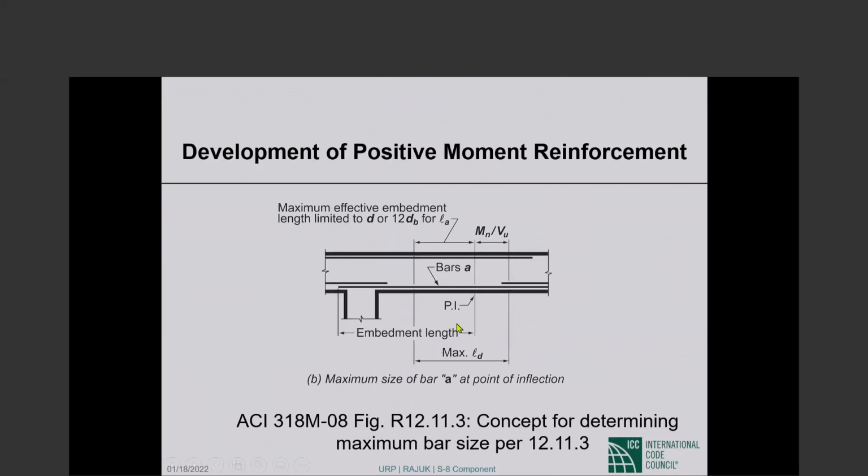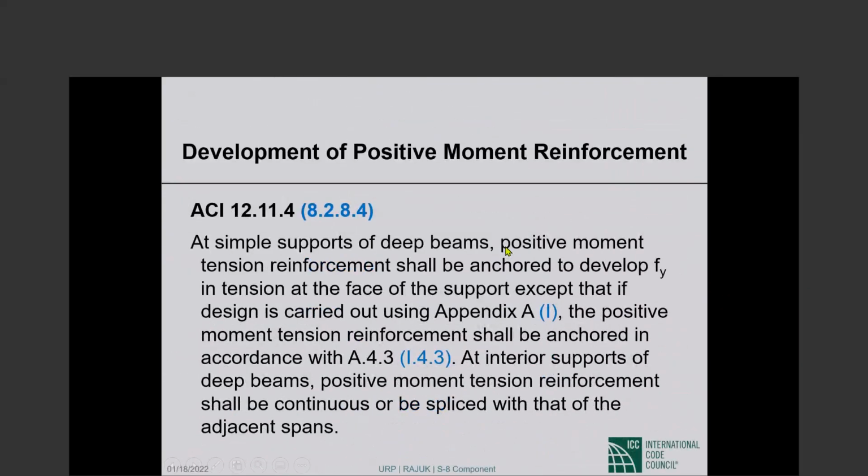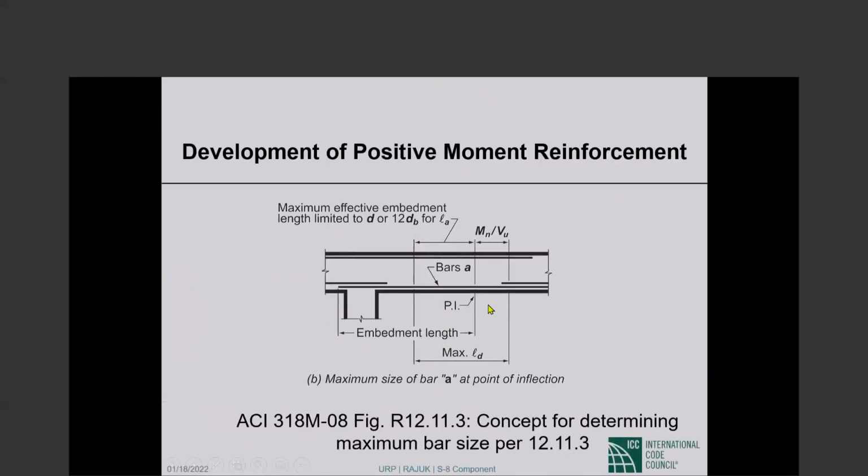Here we are at an inflection point. The M sub n over V sub u distance is this. The d or 12 bar diameter distance is this. So maximum L sub d in this case is this distance from here. So the maximum development length is from here to there.